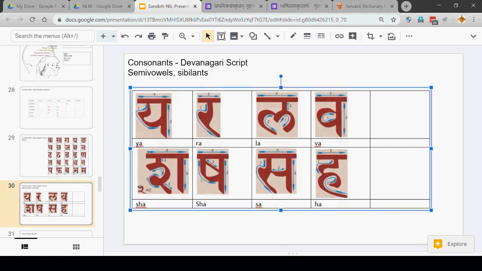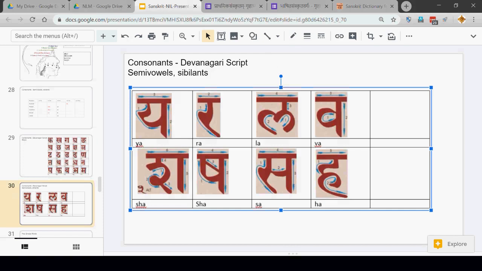In that, ya is the first sound. What is the specialty about this? They do not require complete contact of the tongue. They come almost in contact, very close to those specific positions, but there is no complete contact.